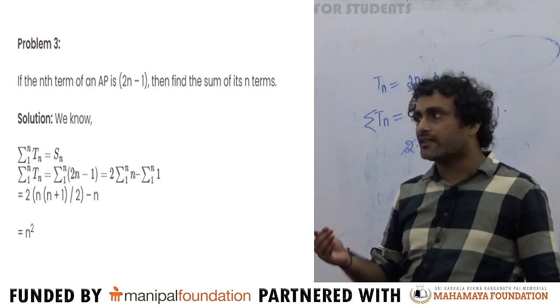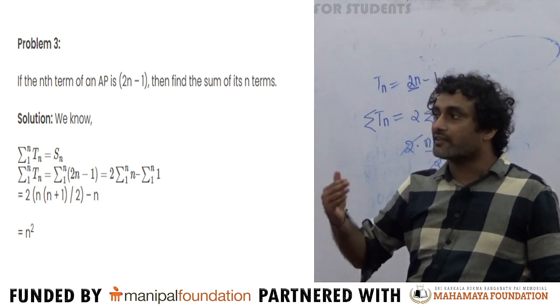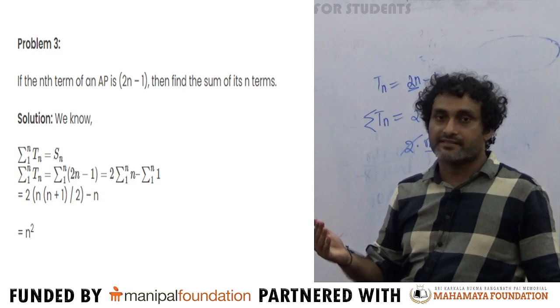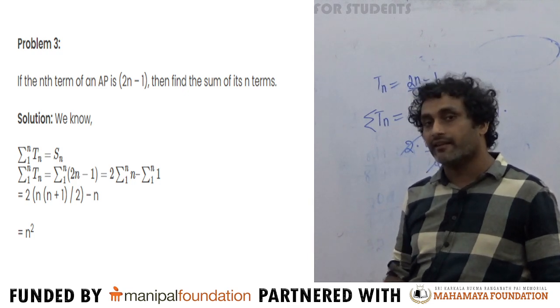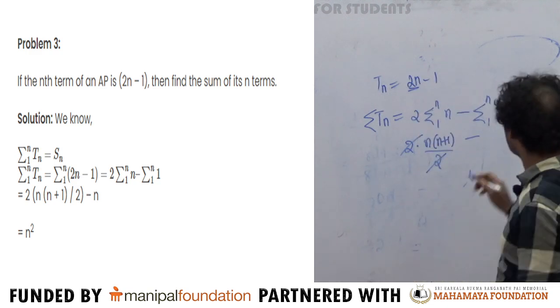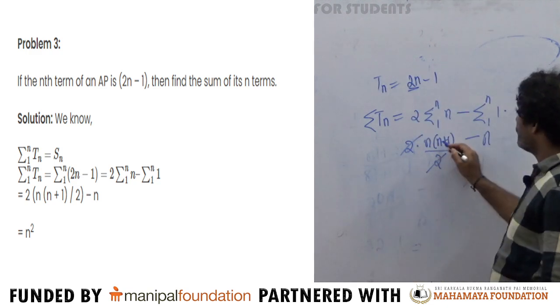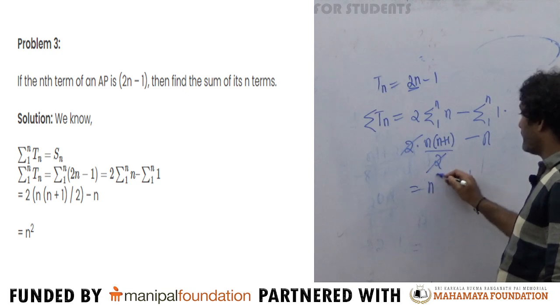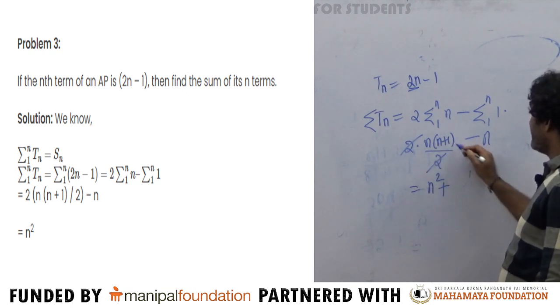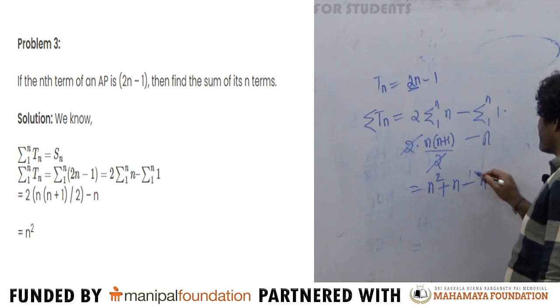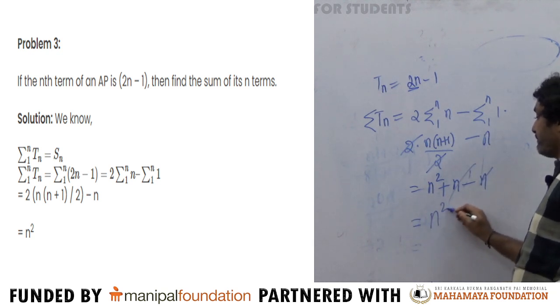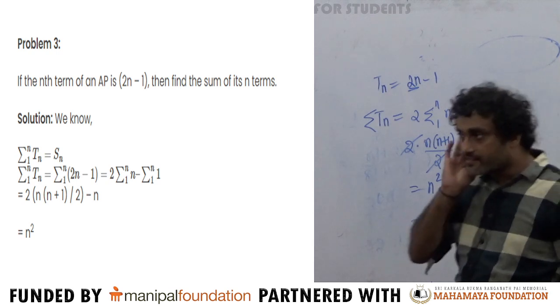When you subtract 1 thrice, it became 3. When you subtract 1 n times, what will that number be? Isn't it n? So aren't you subtracting n here? Open the brackets: n into n, n square, plus n into 1, n, and this minus n. Will this not cancel, and will you simply get n square? This is it, okay?